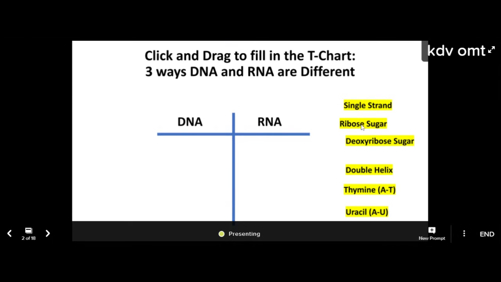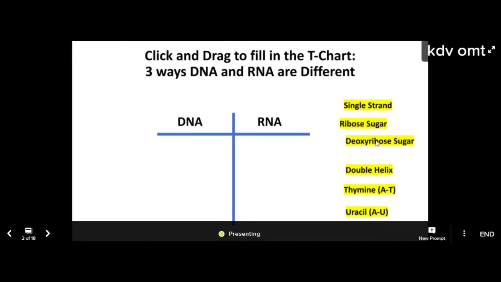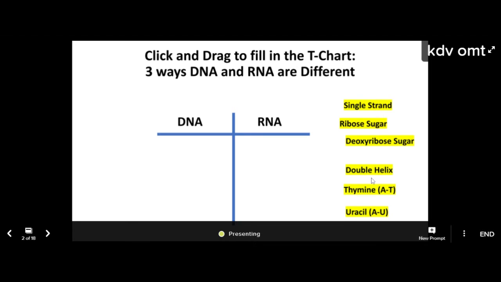Second one right here. Who has ribose sugar? RNA. Yes, Rami. Think of it because it has RNA, ribose sugar. Which one has deoxyribose sugar? DNA. Yes. Evan beat you to it, Cora. Double helix.